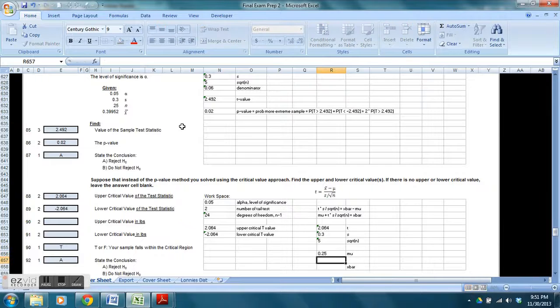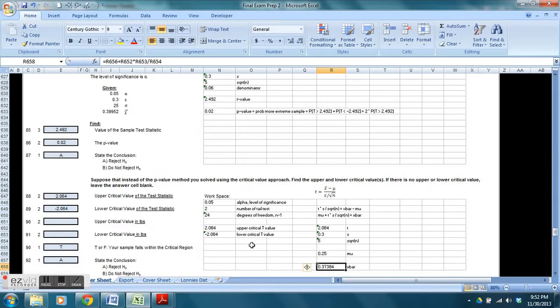So we can find an equivalent x bar to this t value by using this equation. It's simply equal to mu plus this t multiplied by s and divided by the square root of n. And there's our x bar.